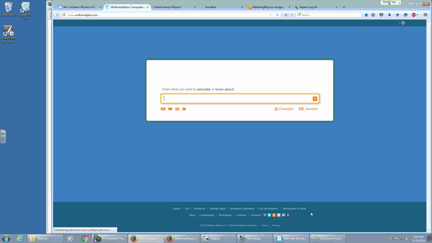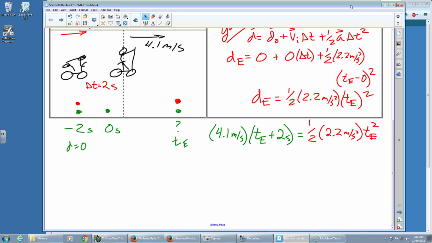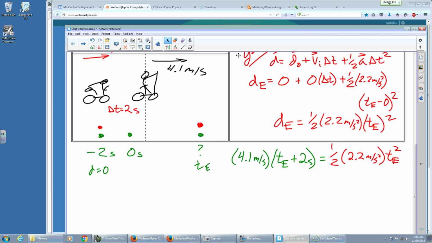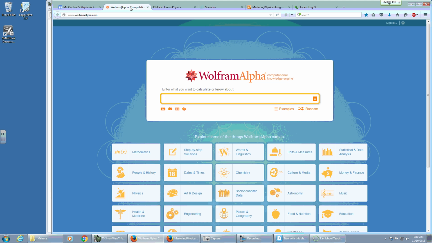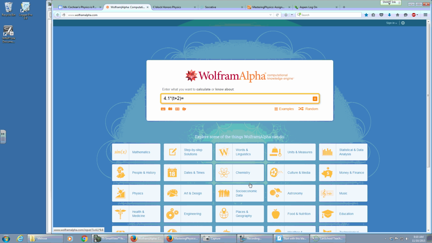Enter what you want to calculate. So let's enter 4.1 times parentheses t plus 2 equals 1/2 times 2.2, so 0.5 times 2.2 times t squared.